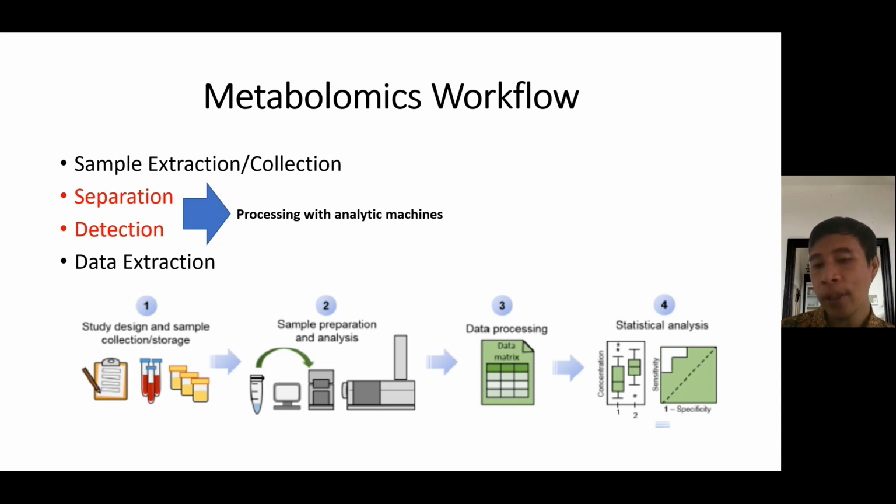After you get your samples ready, you have this extract, or this blood plasma, right after the preparation. Then the next step is how you will process it using the machine.